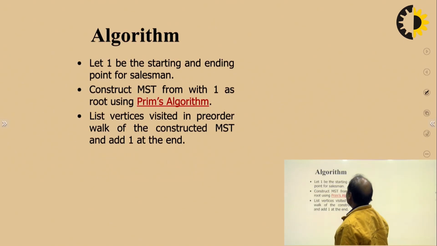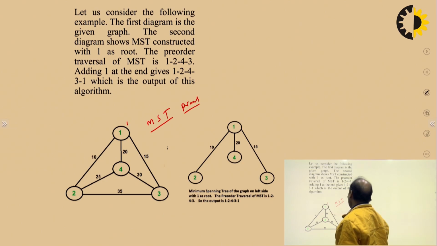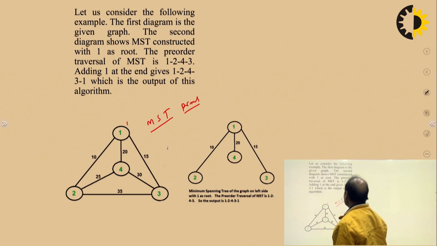This is a very important technique. Let's have an example. Suppose this one is starting from 1. Here you find the minimum cost spanning tree using Prim's. Why Prim's? Because in Prim's we always get a tree, not a graph or a forest.